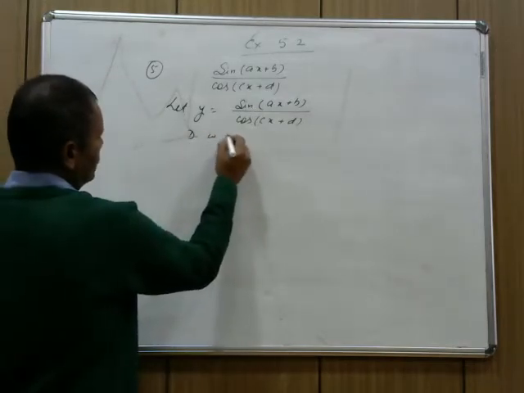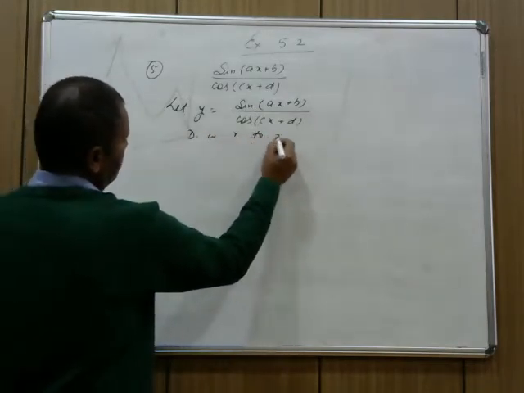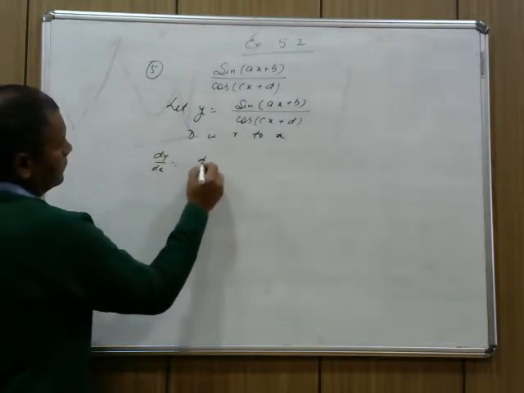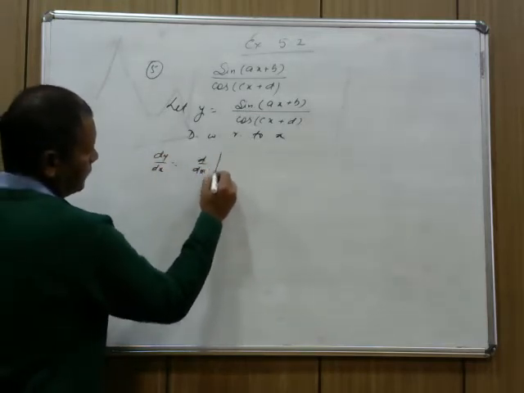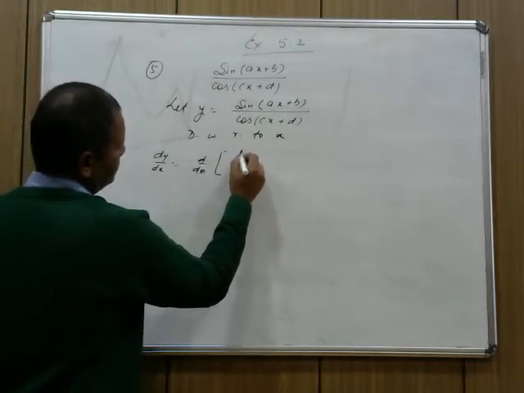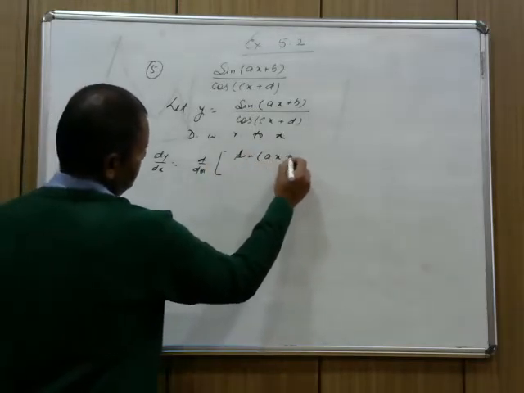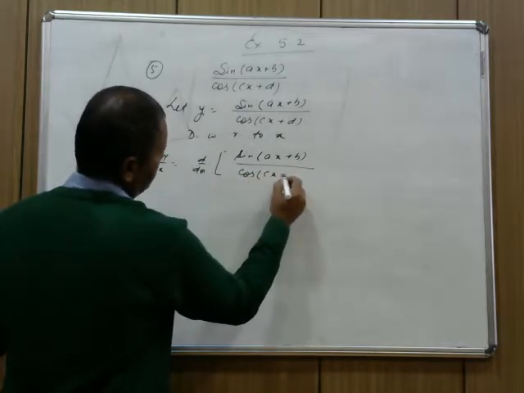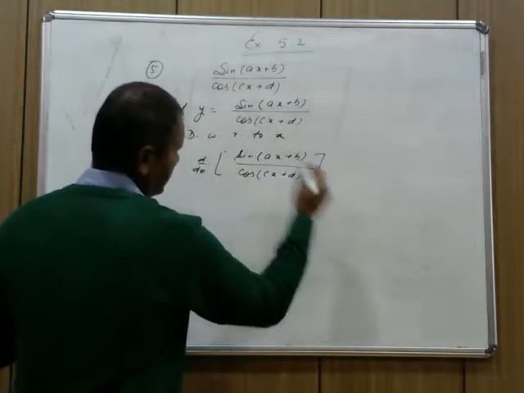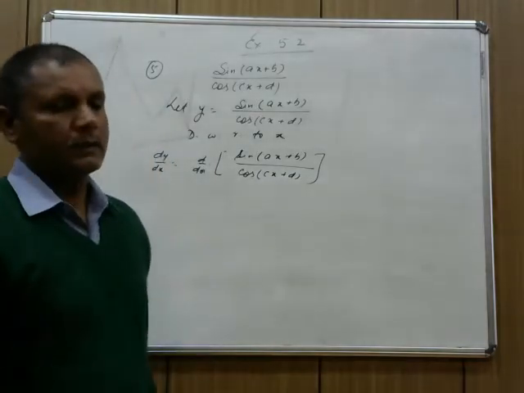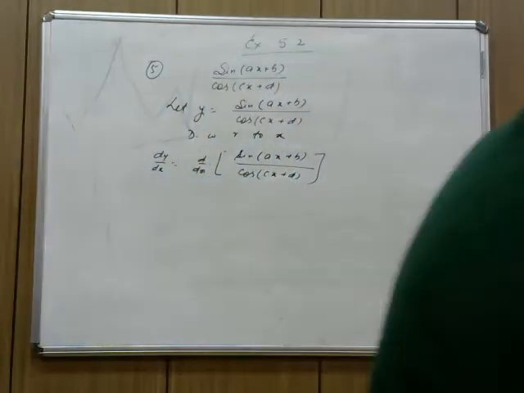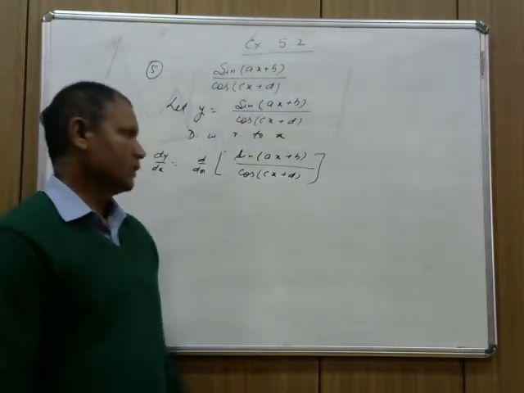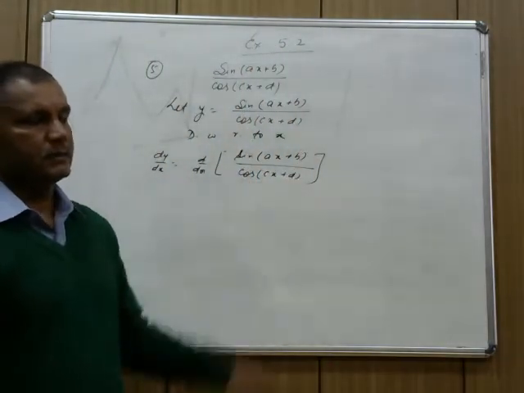Differentiate both the sides with respect to x. dy by dx is equal to d by dx of (sin(ax + b))/(cos(cx + d)). Here, we'll apply the quotient rule, f upon s.